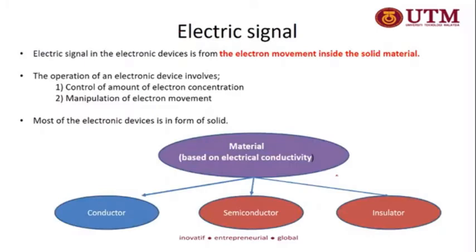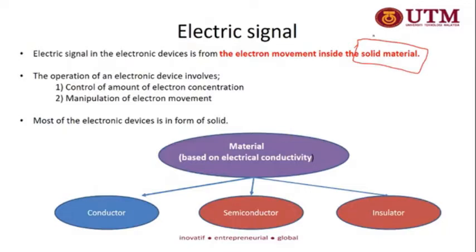So what is electric signal? Electric signal in the electronic device is actually from the electron movement inside the solid material. I want to highlight the words solid material, because the electronic device is fabricated or made from solid material.